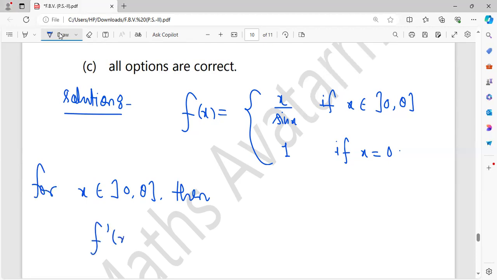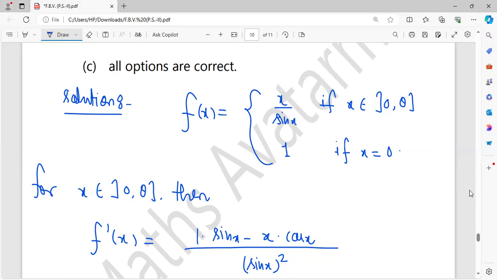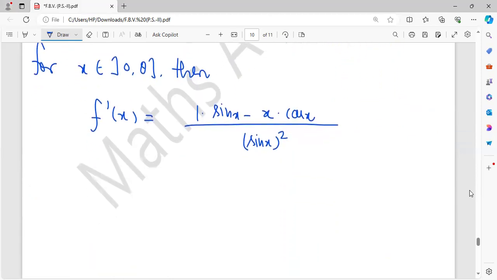f dash x is equal to (1 times sin x minus x into cos x) upon sin x squared. What is this? This is (sin x minus x cos x) upon sin x squared.